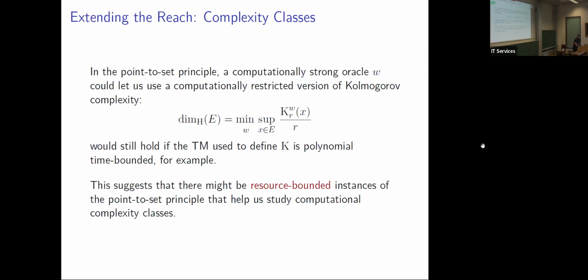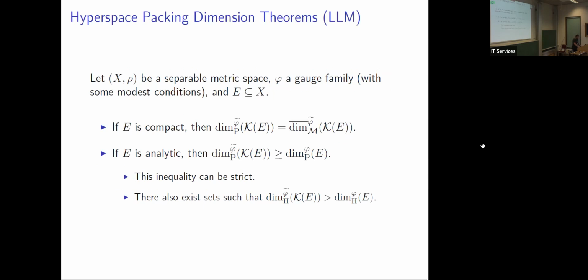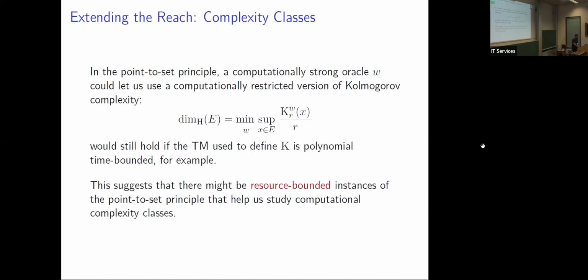Okay, so that's one of the directions of extension here, and we'd like to see more extensions into other interesting metric spaces. But now I want to talk about point set principles for complexity classes. In the point set principle, if you have a computationally strong oracle W, then you could use a computationally restricted version of Kolmogorov complexity over on the right side.